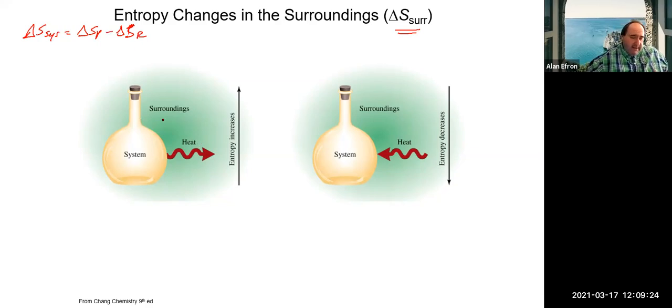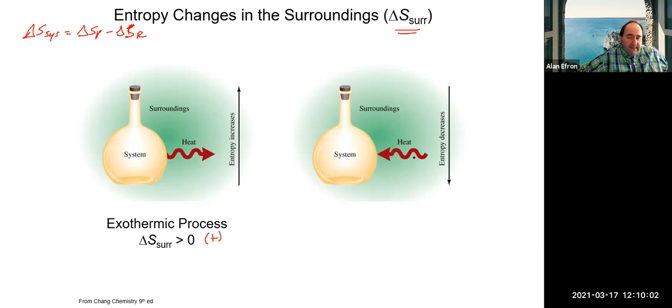The surroundings are going to pick up all that heat and energy, and everybody in the surroundings is going to start flying around faster. They have a lot more energy and a lot more ways to move around. We would expect the delta S of the surroundings to become more positive, because we are increasing the entropy of the surroundings by picking up all that heat coming from the system.